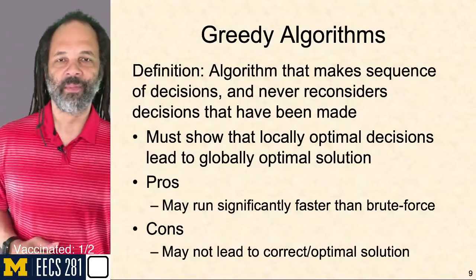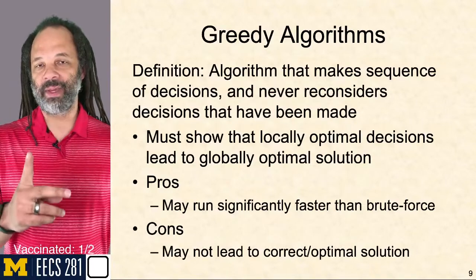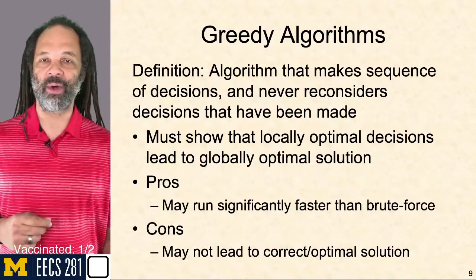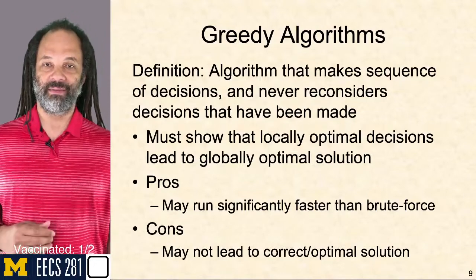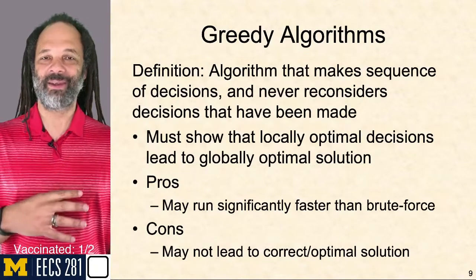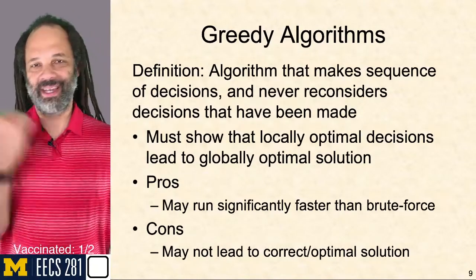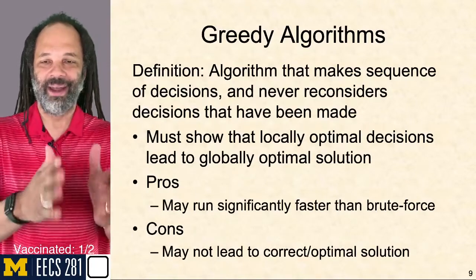I'm not proud. But if I said, if you take this small piece of cake today instead of that big one, I will give you a whole cake tomorrow, a greedy algorithm would fail. It would say, nope, I still want that big piece of cake. Just give me the big piece of cake. We'll worry about tomorrow's cake tomorrow. Well, yesterday's cake made us sick. We won't worry about that either. Right now, I want big cake and I want it now.